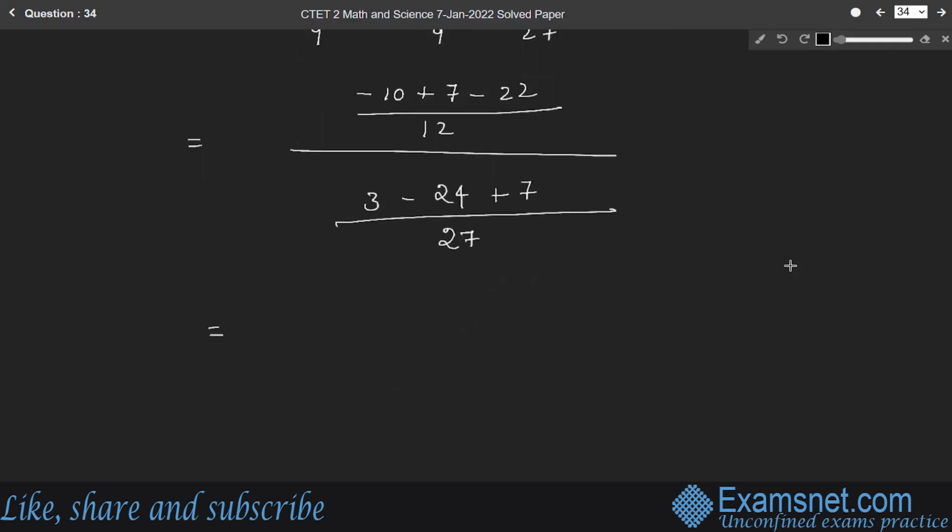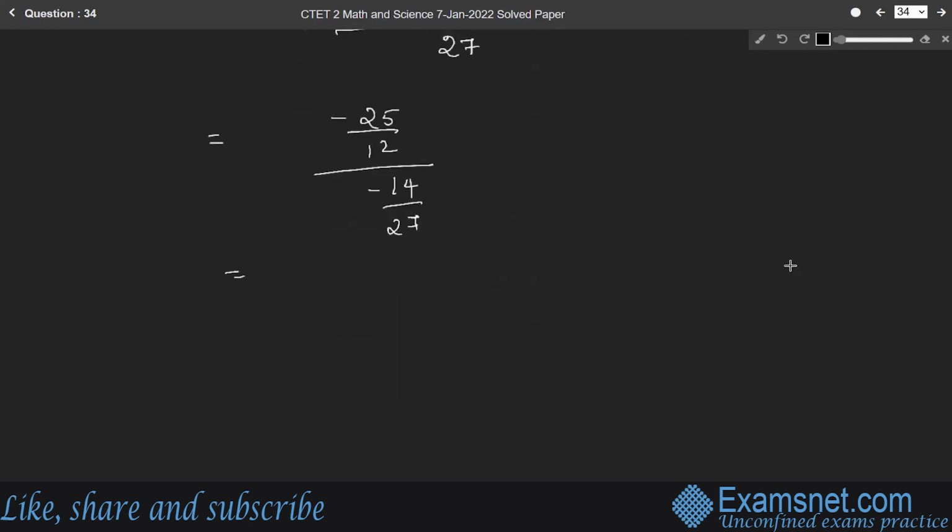Therefore, which is equal to, minus 10 minus 22 is minus 32, plus 7 is minus 25 by 12 whole, divided by 7 plus 3 is 10, 10 minus 24 is minus 14 by 27. Which is equal to minus 25 by 12 into, which is divided by 14 by 27, so into 27 by minus 14.